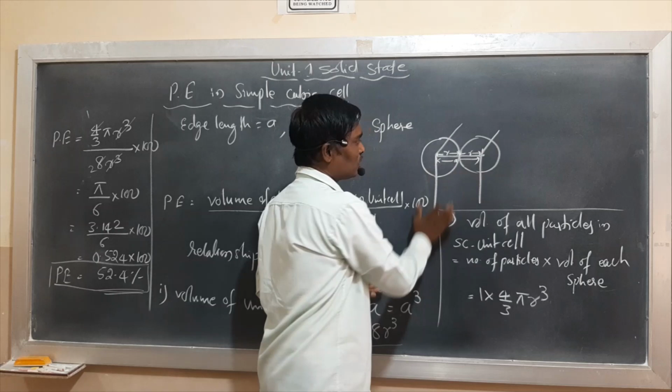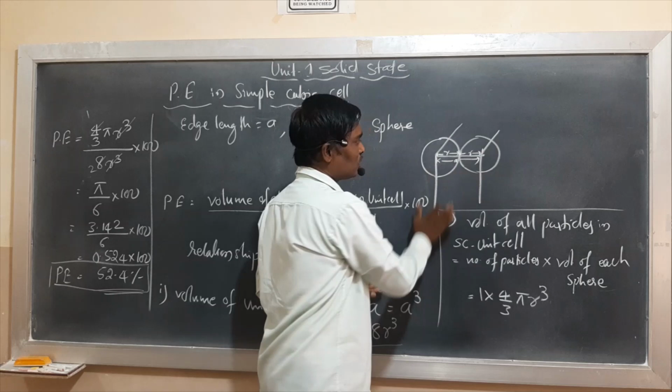Then after simplifying this, you will get 52.4. So 52.4% means it is the total space occupied by the particles in simple cubic cell. Okay, students, the next one is the packing efficiency in face-centered cubic unit cell.